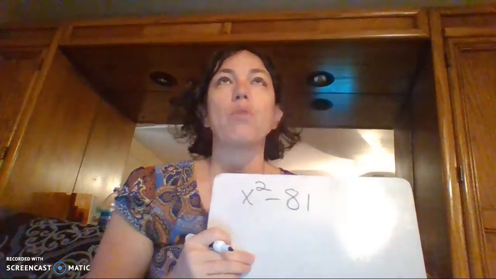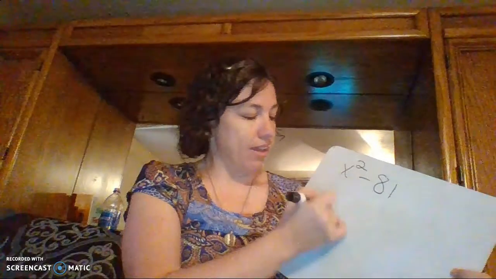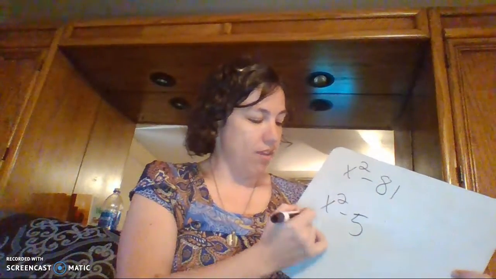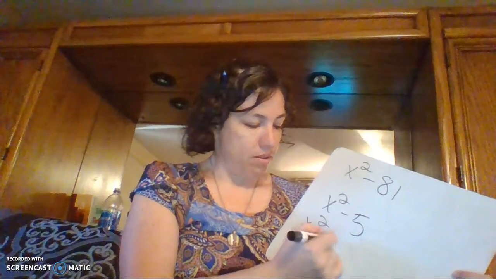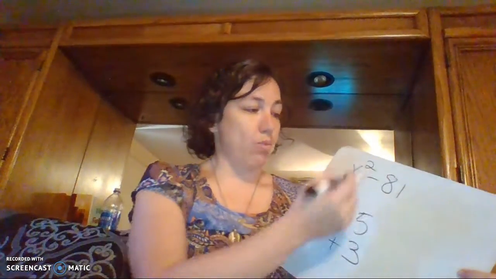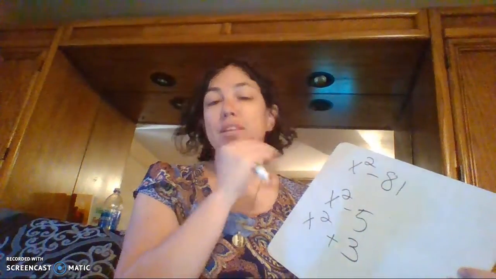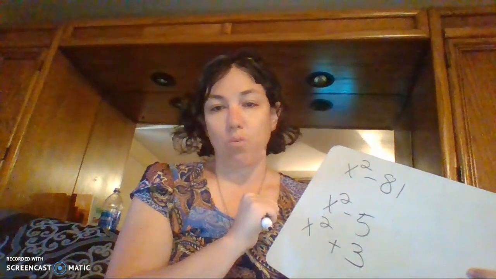Now, most of the time, if I have something like x squared minus 5, or x squared plus 3, or x squared plus 81, this exact method that I'm talking about is not going to work.